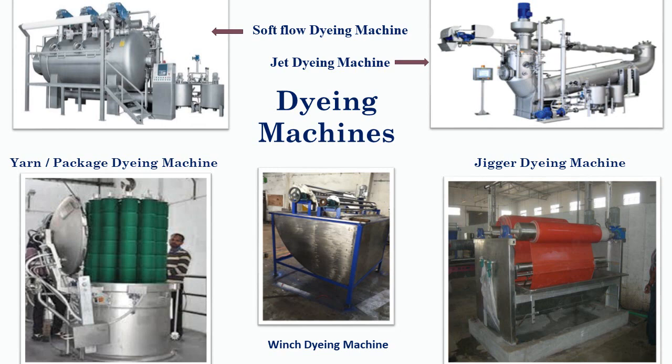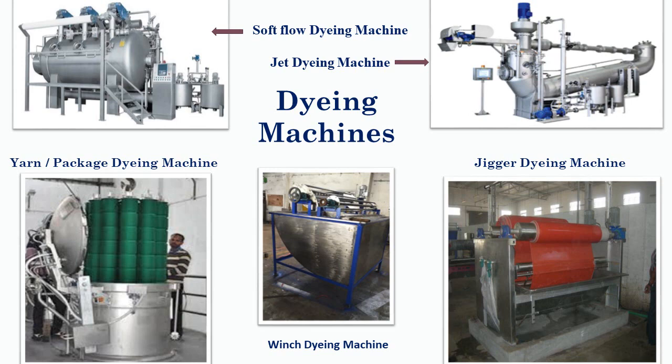Here are some images of dyeing machines. At top left you can observe soft flow dyeing machine. At top right you can observe jet dyeing machine. Bottom left, yarn package dyeing machine.